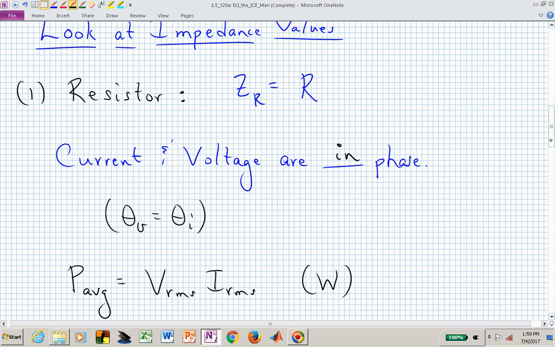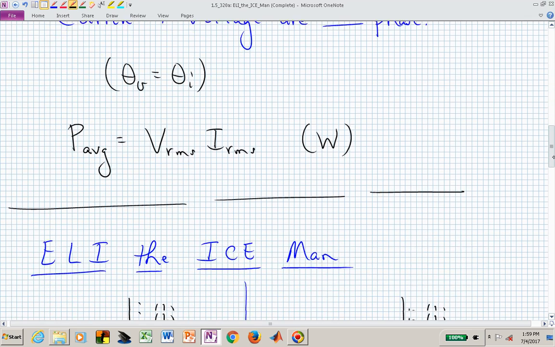That's the easy one, but it gets us started with the average power associated with these different circuit elements, resistors, inductors, and capacitors.